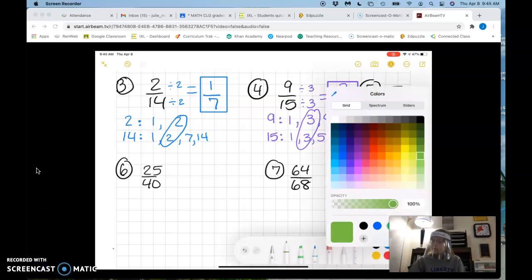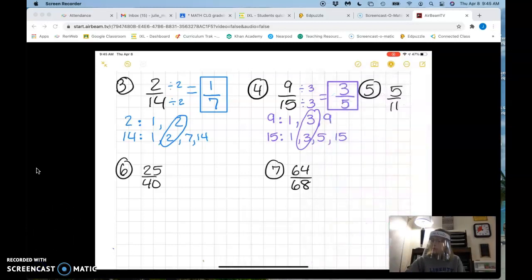Okay, so how about number 5? We're going to write down our numbers and write their factors. What are the factors of 5? 5 and 1. Okay, those are both what kind of numbers? Prime. They're both prime numbers because they only have factors that are 1 and themselves.